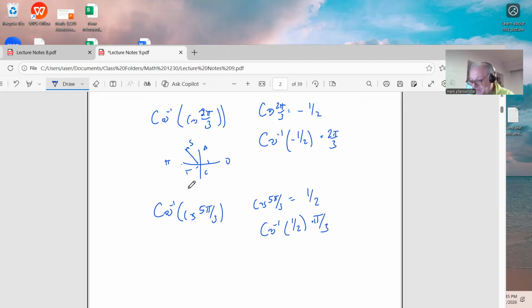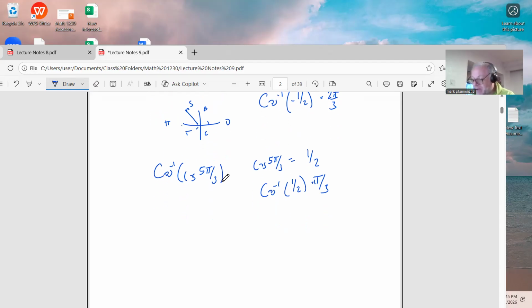So we have to remember that when we take the cosine of both sides, it doesn't quite undo things. It just kind of undoes them.